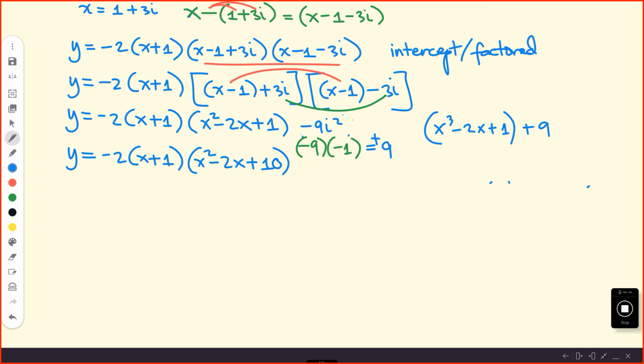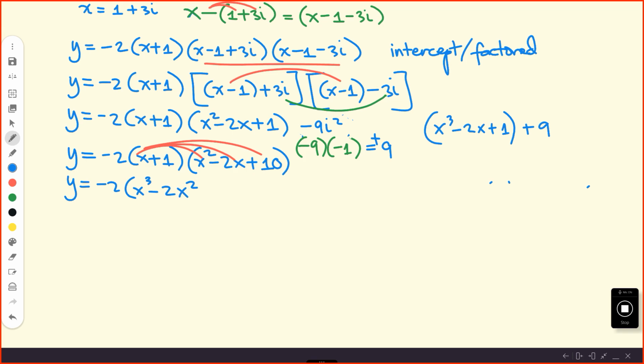Okay. So now that we have this, we can multiply these two and then multiply by -2. So multiply the second binomial times the trinomial. So -2, I can just multiply this to all of that. So x times x squared, that's x cubed. X times -2x, -2x squared.